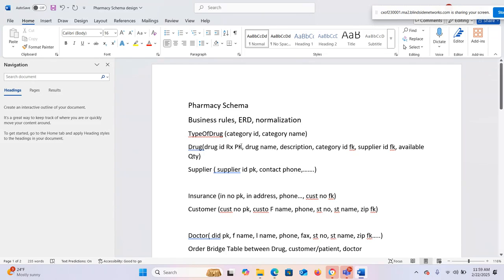Now, I'm going to just do a brief discussion of how a pharmacy schema could look like.